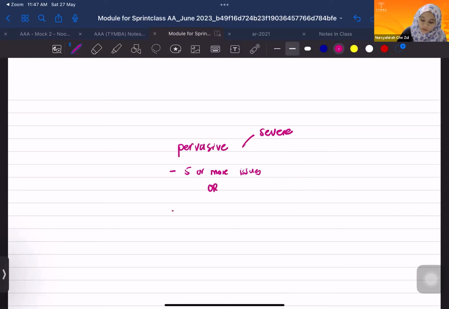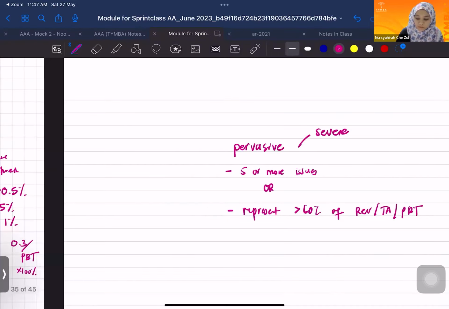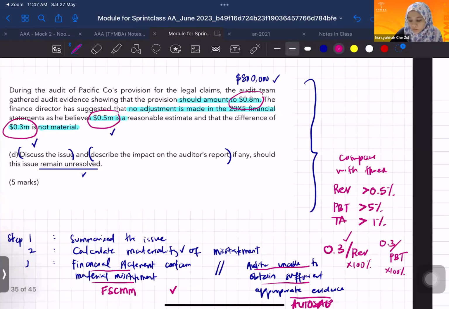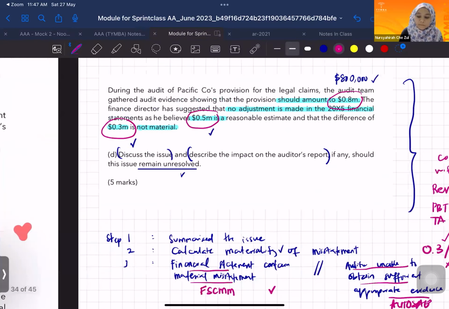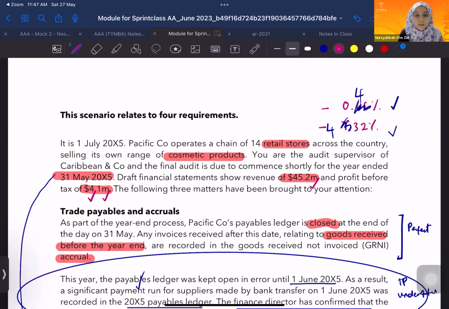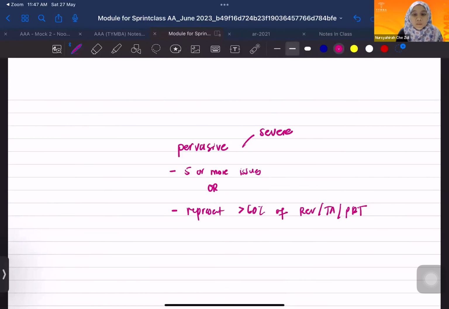Or represent more than 60% of either revenue, total asset, or PBT. So when you calculate the materiality just now, we get what? Just now we got 0.66 and 7.32, right? So if you calculate materiality and you get more than 60%, then yes, you can consider that issue to be pervasive. Or if it turns profit to loss.